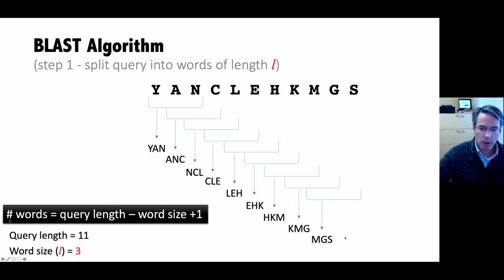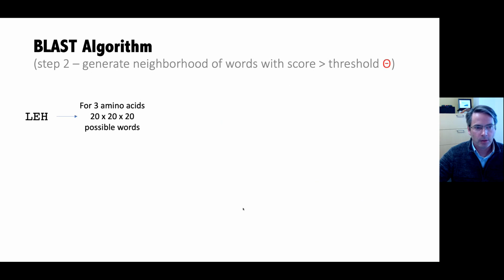Like if we wanted a k-mer count, it's the same deal. So then we're going to generate the neighborhood of words that have a score with a threshold less than theta. This is totally analogous to what we did when we were counting with mismatches and we had a distance less than d.